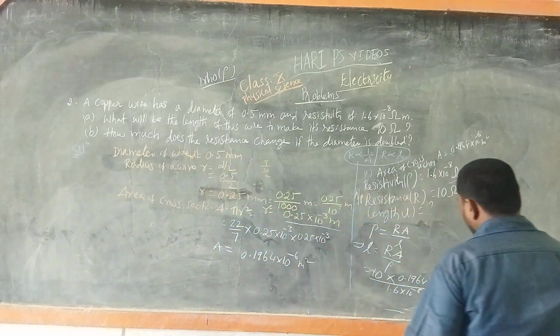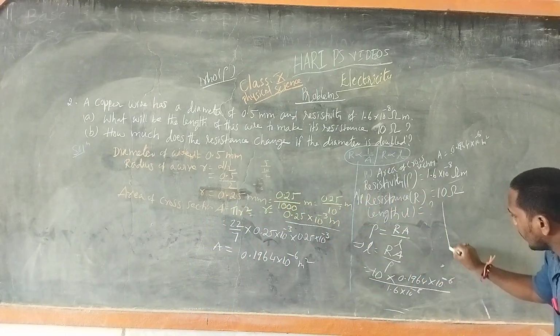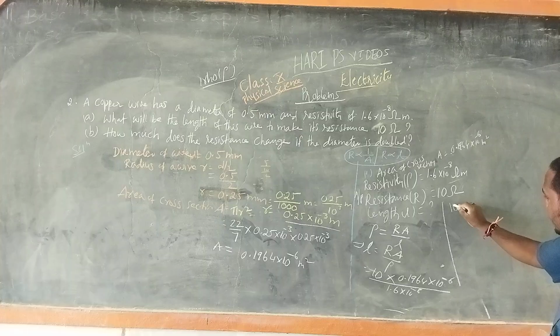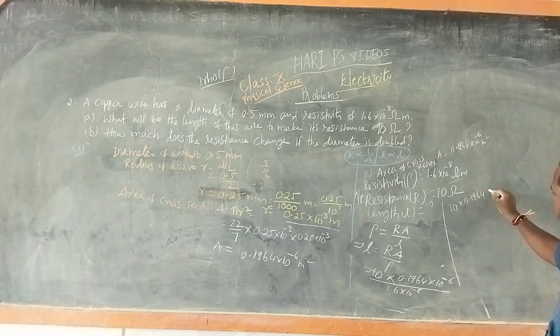After that we can do a small simplification: 10 into 0.1964 into 10 power minus 6.